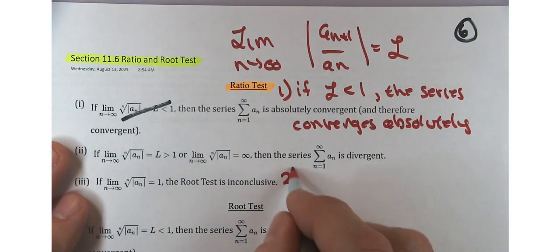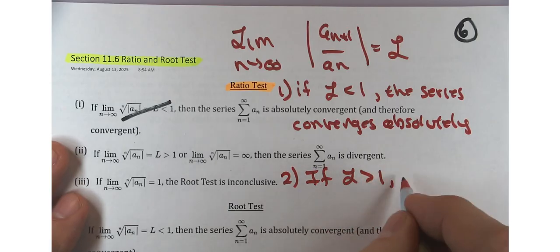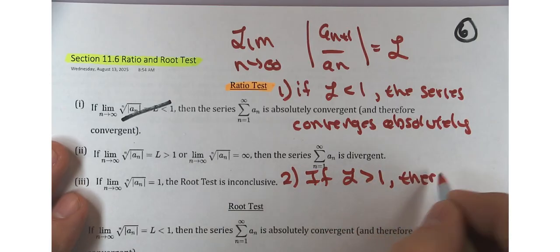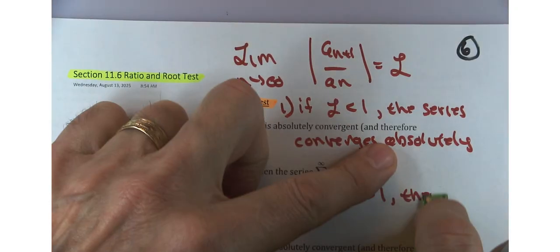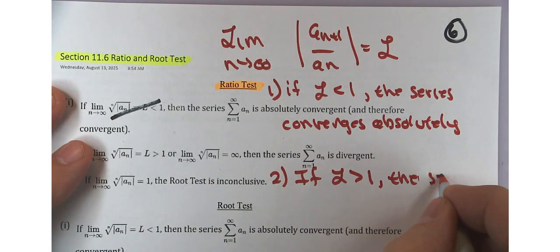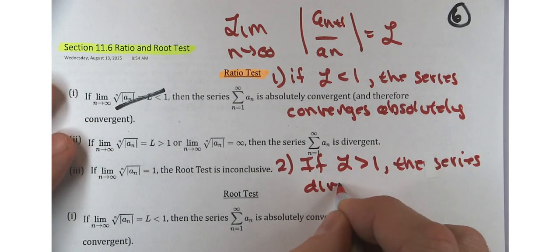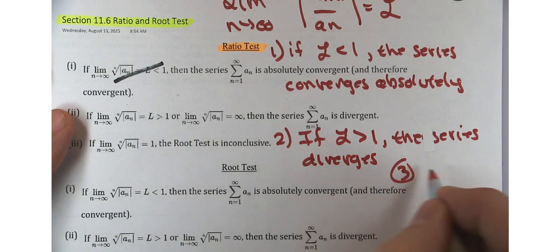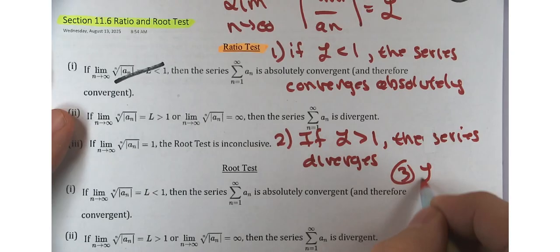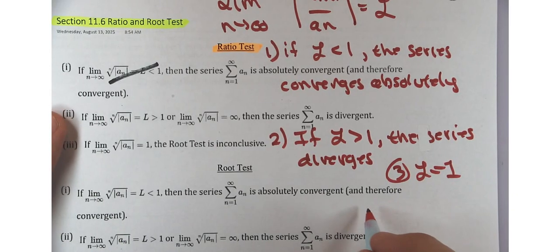Yeah. If L is greater than 1, the series diverges. And last but not least, if L equals 1, what do you suppose happens? Yeah, it's inconclusive.